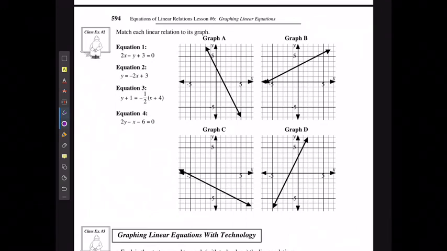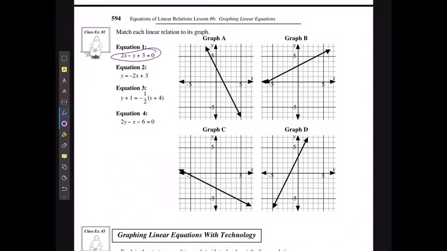If it wants me to match a linear relation to its graph, then typically that means I'm just going to take all the equations and put them into slope-intercept form. So in the first one, it is in general form right now.